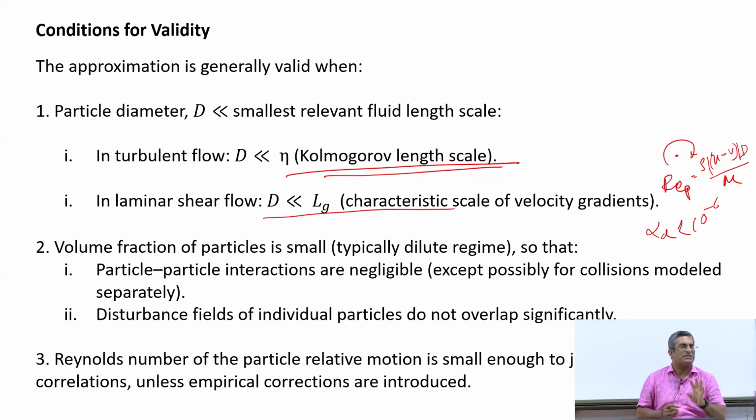Once you know that Stokes drag is valid, you can use the Stokes drag law and model the drag force. Otherwise, it is also possible to account for the finite Reynolds number effect, as we have discussed, through the correction factor.